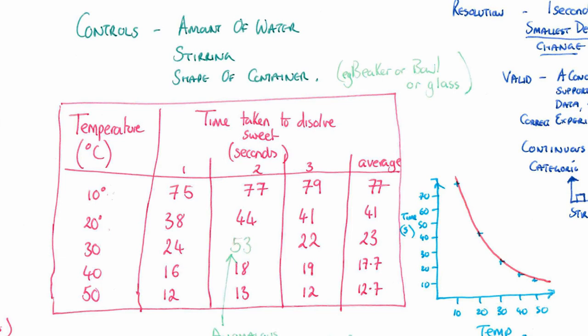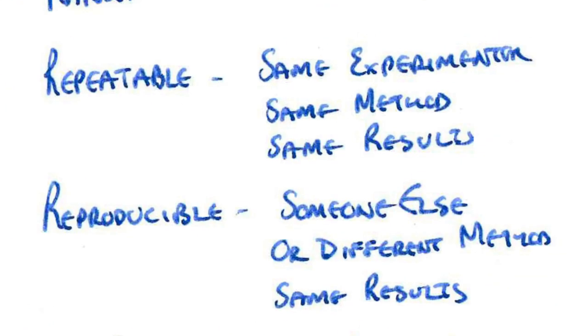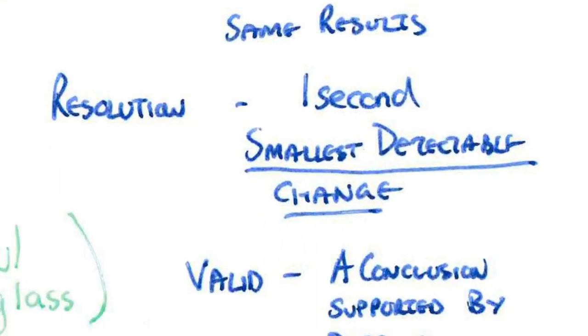Right, the next one we need to look at is, what do we mean by repeatable and reproducible? Repeatable is if you yourself get the same results by using the same experiment, using the same method. Reproducible is if someone else gets the same results as you, and they could use the same method, or they may use a different method, but they still get the same results. So that's the difference between repeatable and reproducible.